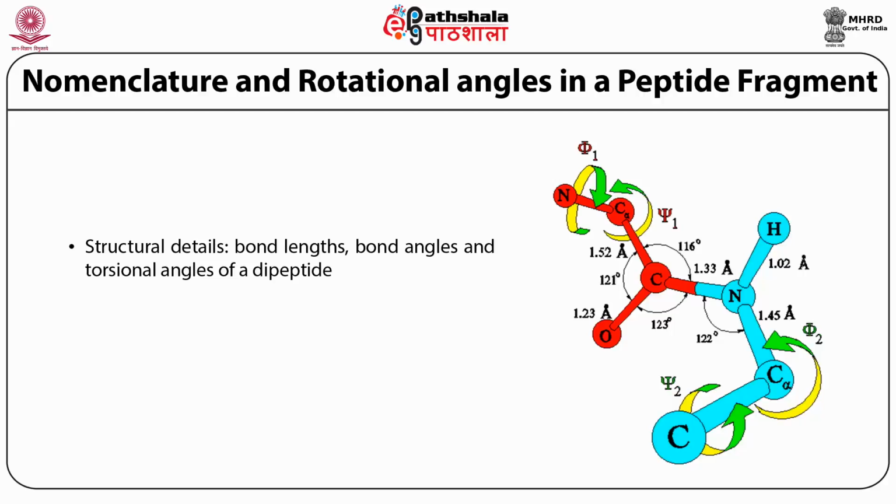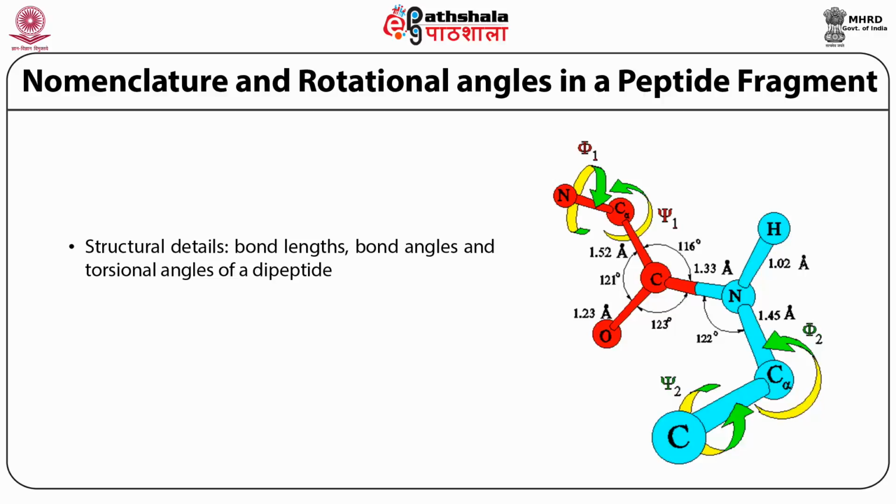The bond angles around C atom are C alpha CO 121 degrees, OCN 123 degrees, C alpha CN 116 degrees, and these three groups make it a planar configuration.